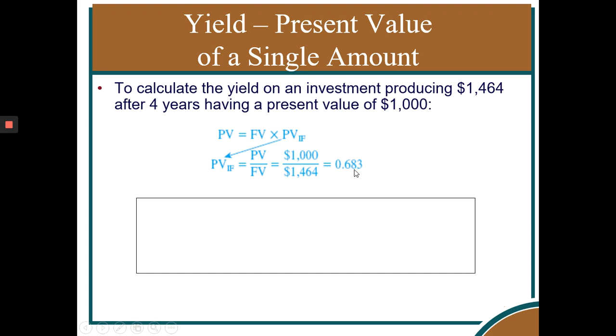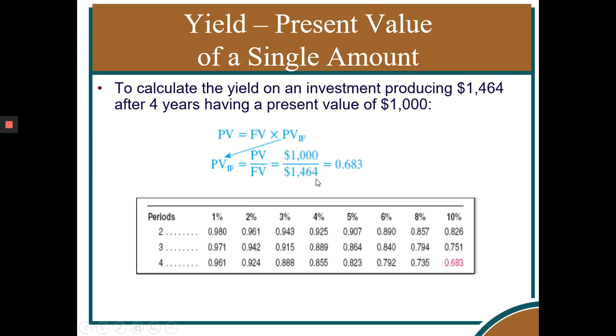So you have this number 0.683, which, if you still remember, you usually find from the PV table. So if we go back to the PV table, take out the present value table, and look at the numbers that you already know, which is N equals 4.